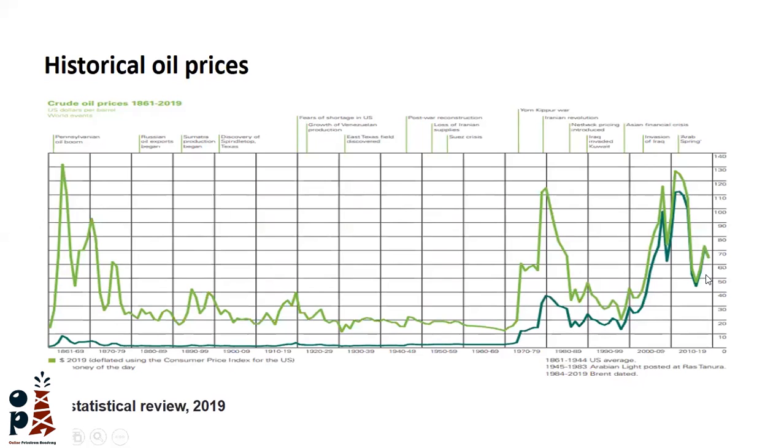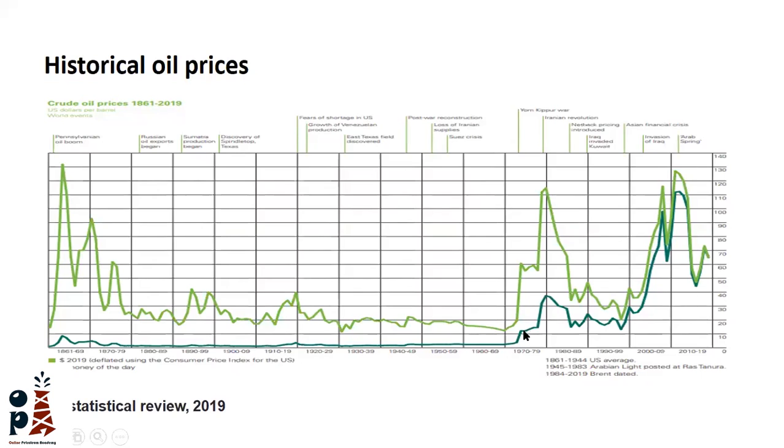Then we have a decrease in oil price. So we have 3 peaks here. The first peak corresponds to events like the Arab-Israeli war. The second peak corresponds to the invasion of Iraq. The third peak corresponds to the Arab Spring. Finally, we reach almost 35 or 40 dollars per barrel today.